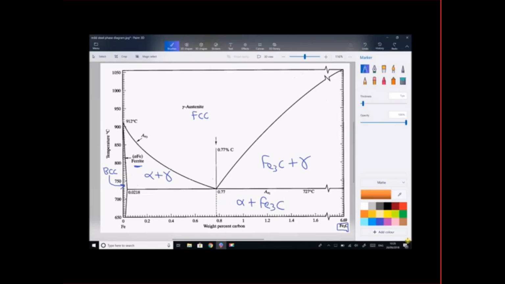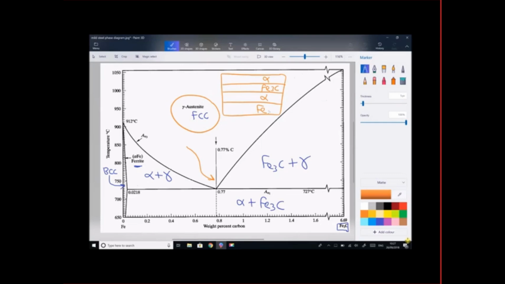So the first thing to discuss is what happens at our eutectoid point. At our eutectoid point, we're going to go directly from austenite, FCC, into our laminar layers of alpha plus iron carbide, or ferrite plus cementite. So I'll sketch it up here at the top. At that eutectoid point, we're going to go directly into our layered structure, and those layers will be alpha, ferrite, and cementite, Fe3C.